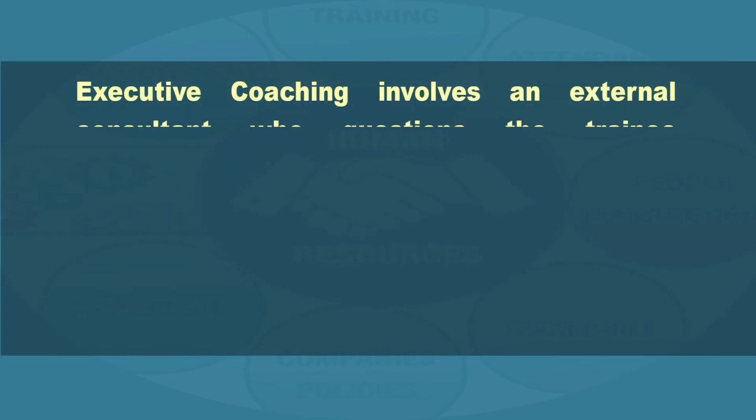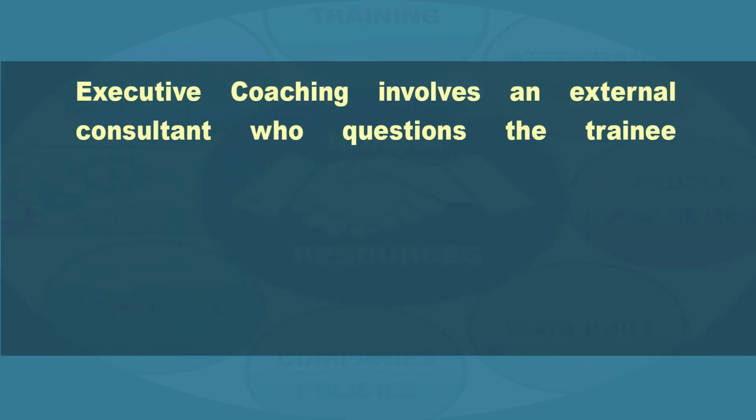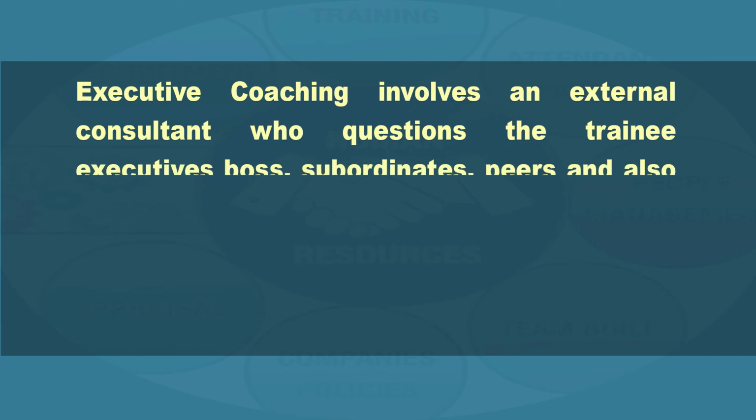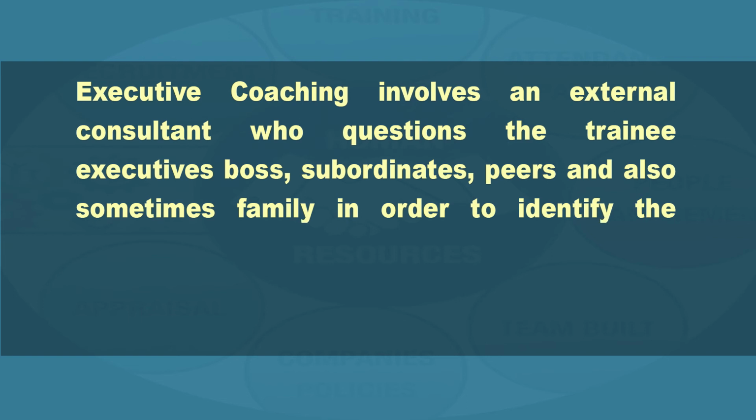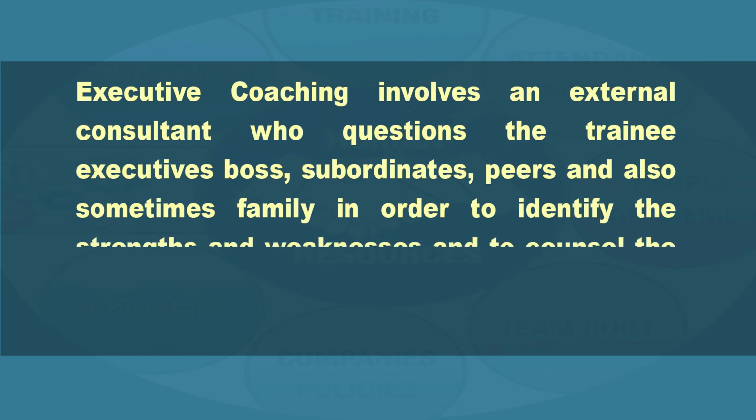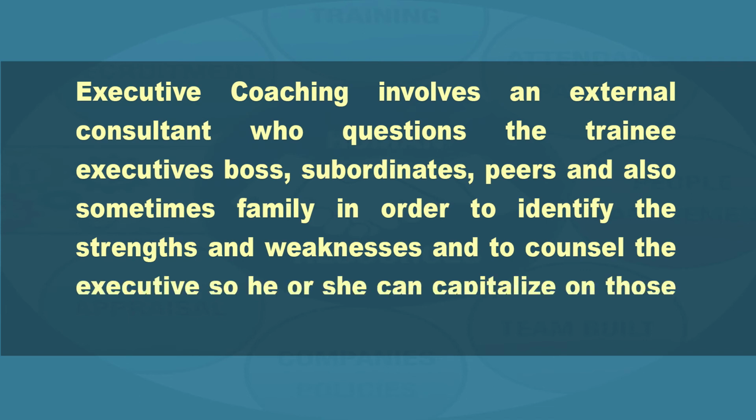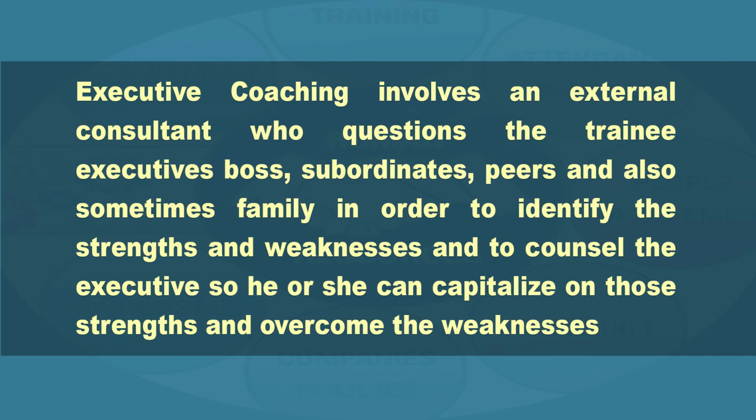Executive coaching involves an external consultant who questions the trainee executive's boss, subordinates, peers, and also sometimes family in order to identify the strengths and weaknesses and to counsel the executive so he or she can capitalize on those strengths and overcome the weaknesses.